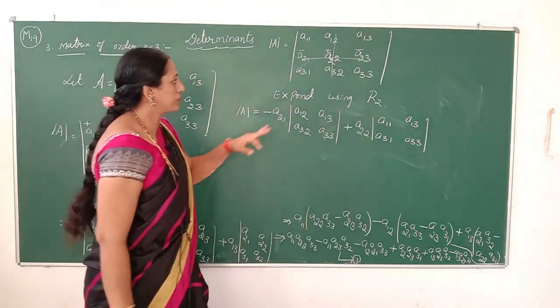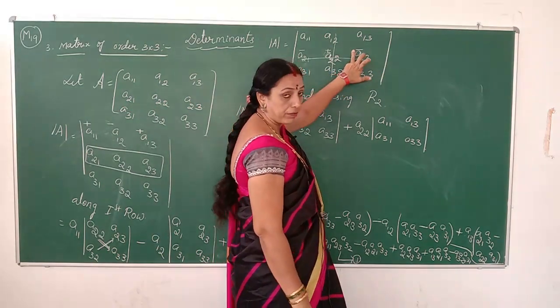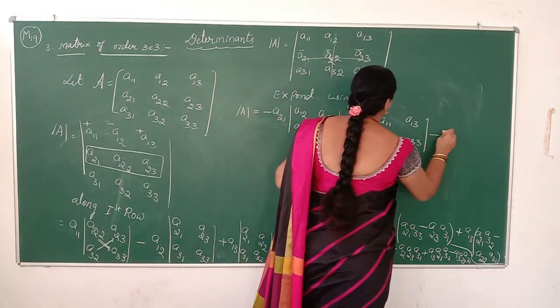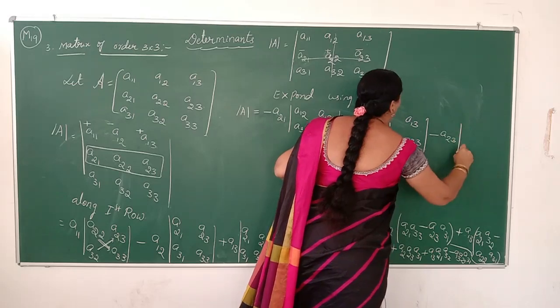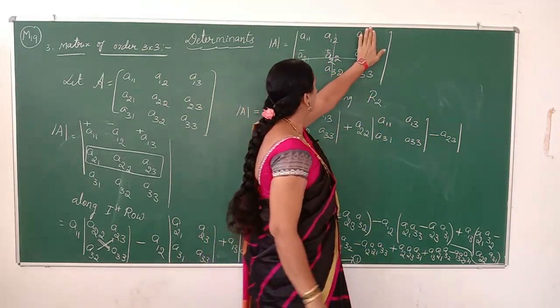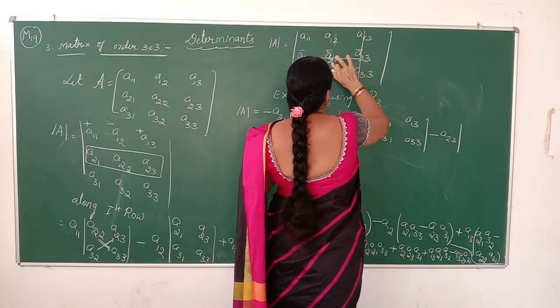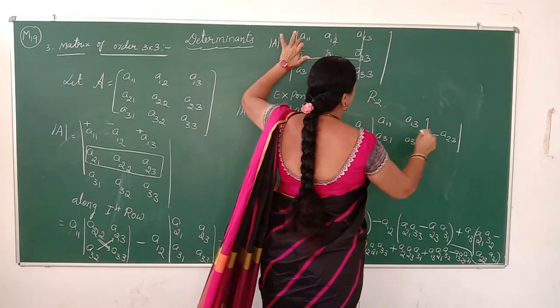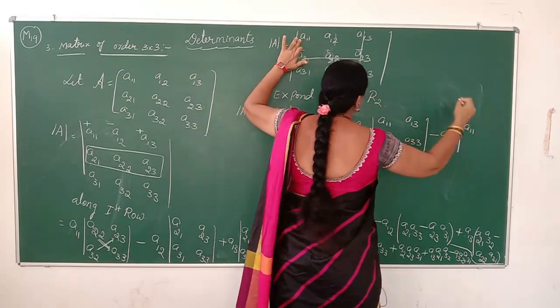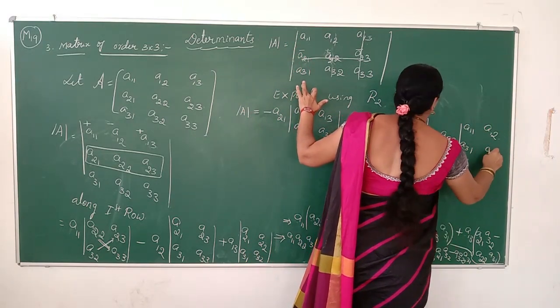Similarly, we'll come to the third element. The third element is A23. It is multiplied by minus, that is minus A23 of. A23 is an element of the second row, third column. The elements of the second row and third column get neglected, and the remaining elements are A11, A12, A31, A32.